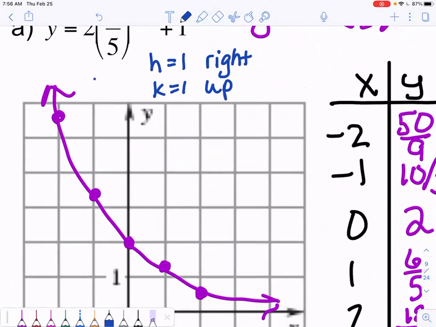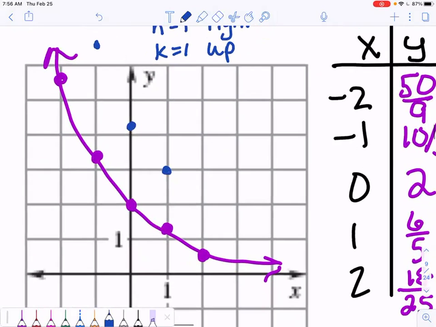So my first point is going to be off the graph. So right 1, up 1. Connect. Again, try and make it curve, and then level off horizontally.